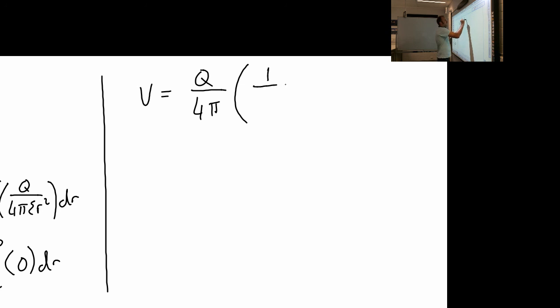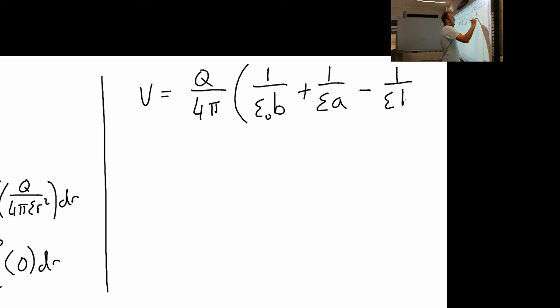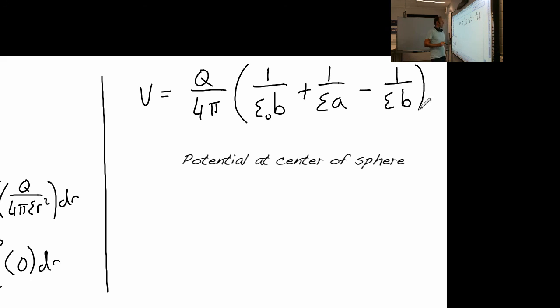So what we find then is that our potential would be equal to Q divided by 4 pi times 1 over epsilon naught B plus 1 over epsilon A minus 1 over epsilon B.